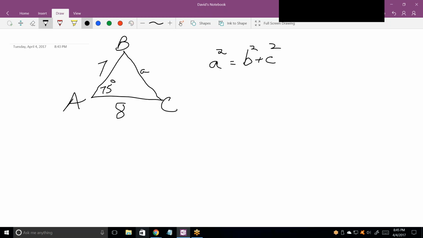It starts out a lot like the Pythagorean theorem. Whoops, not AB, but BC. Cosine of A. Now, there's actually 3 laws of cosines. Let me write the other 2, and you can figure out the pattern.